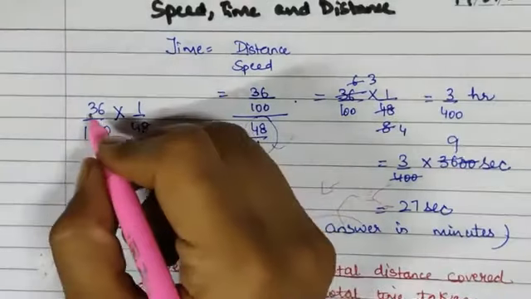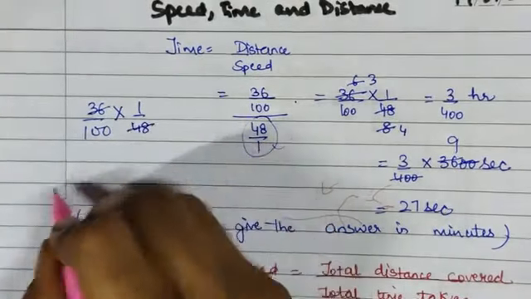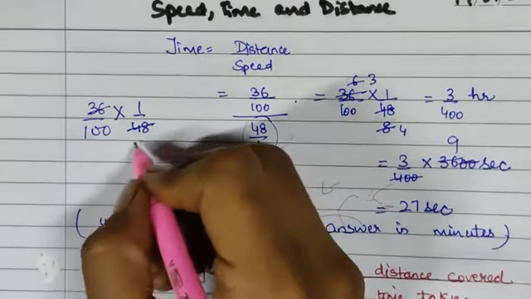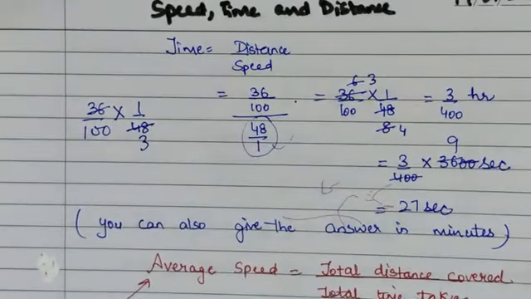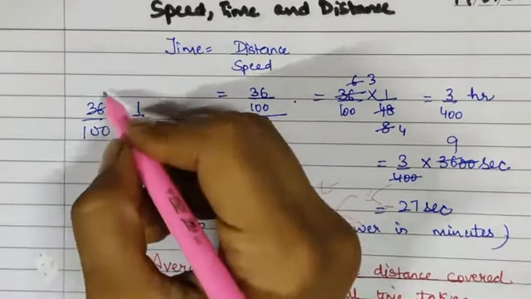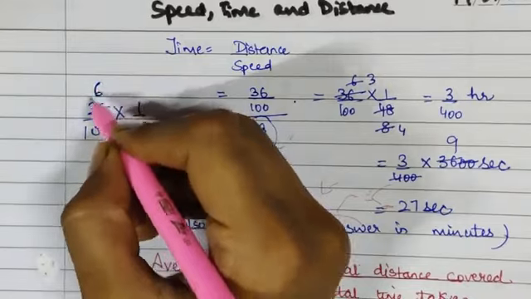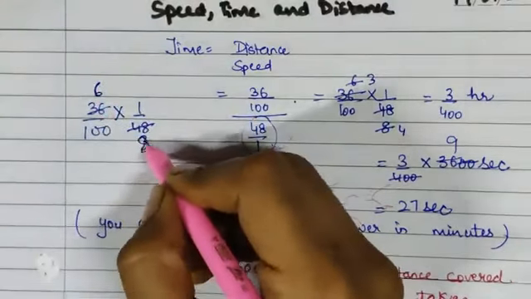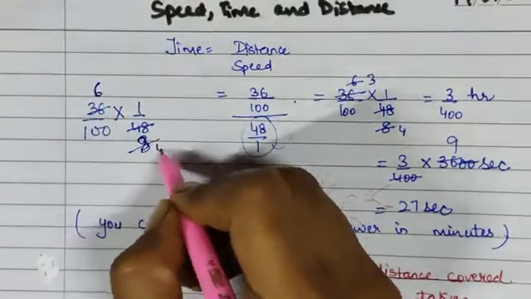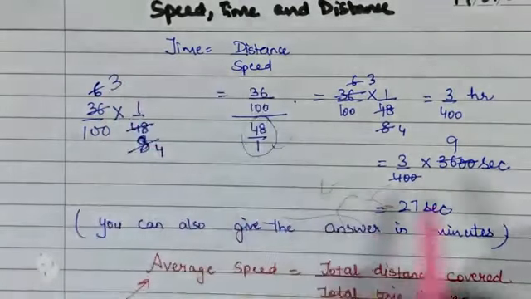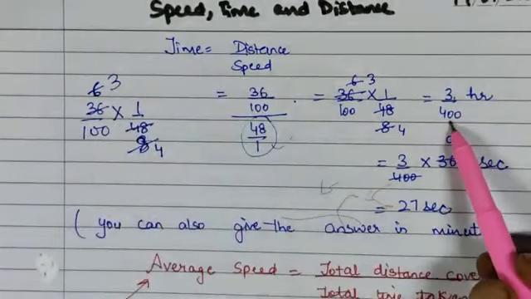Now the cancellation we will do: 6 6s are 36, 6 8s are 48, then 2 4s are 8, 2 3s are 6. What do we get? We get 3 upon 400 hour.